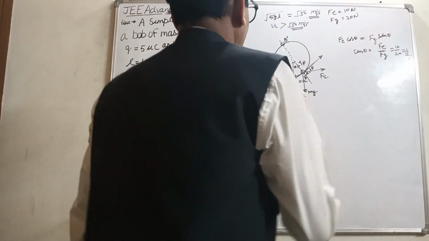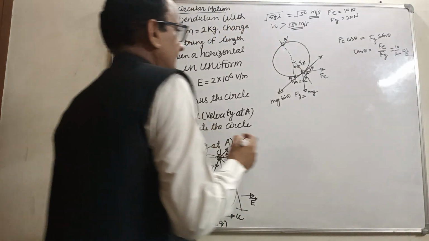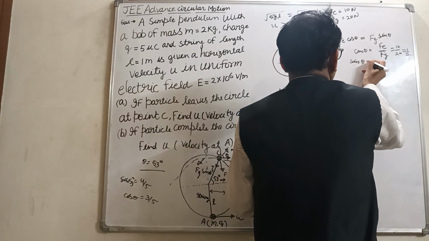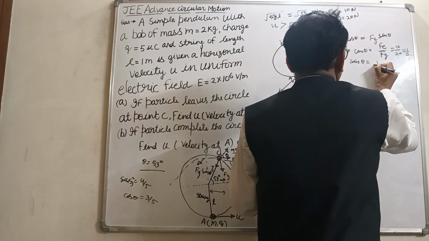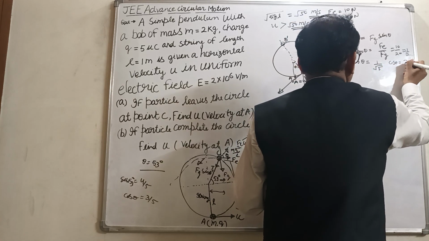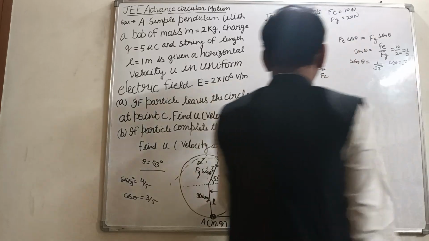So in this case we find the value of sin theta. What is the value of sin theta? 1 upon root 5. And what is the value of cos theta? This would be 2 upon root 5.